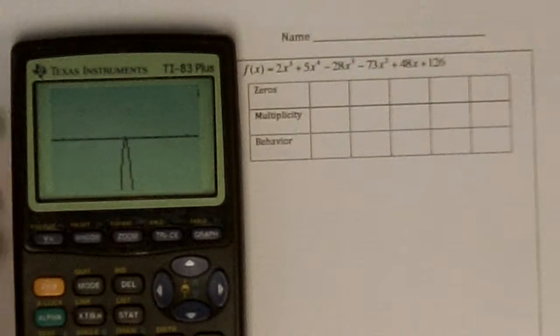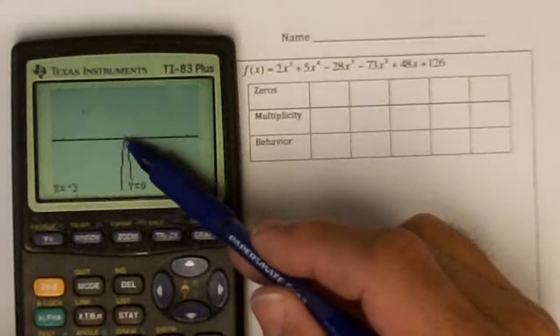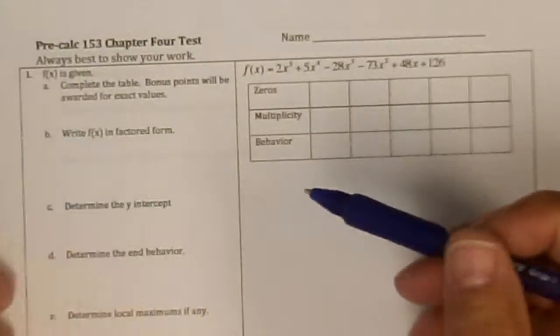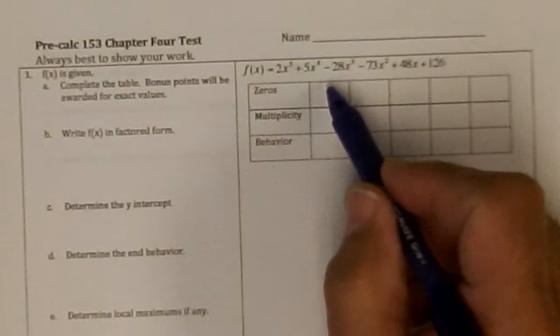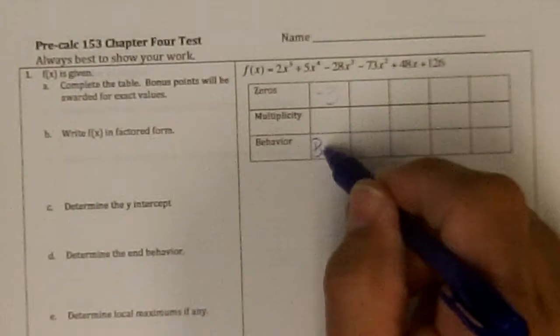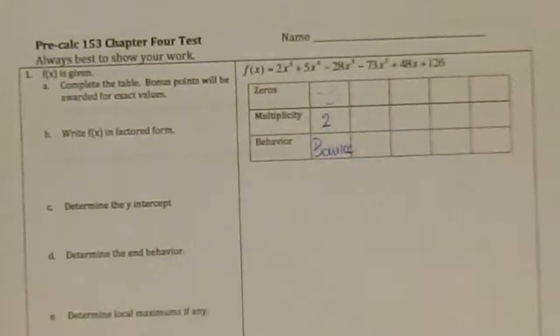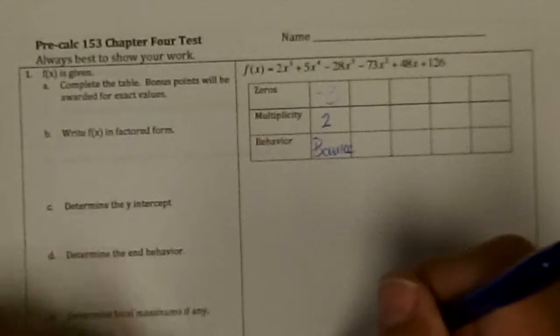And it does look like it hits right at negative 3. So I'm going to start with negative 3, and I'm going to say it bounced there. So my first guess is negative 3, a bounce, which means it should go in twice, multiplicity 2.